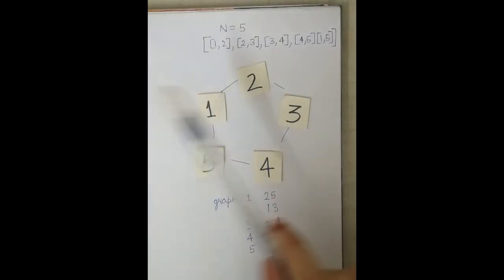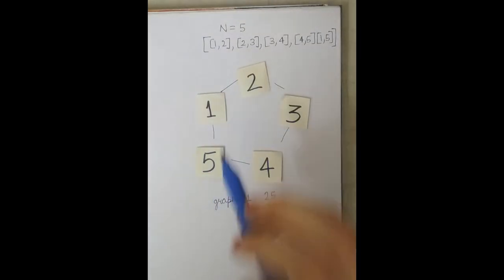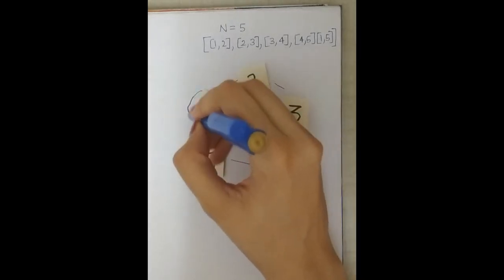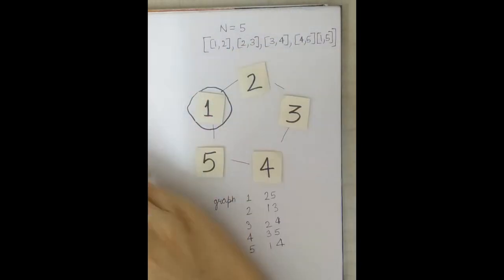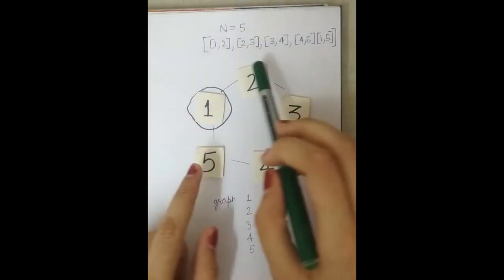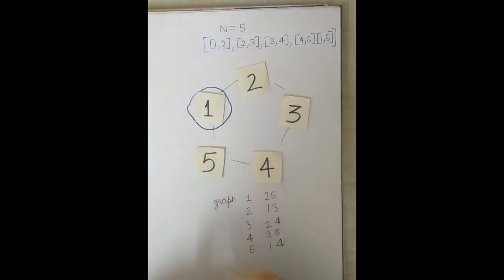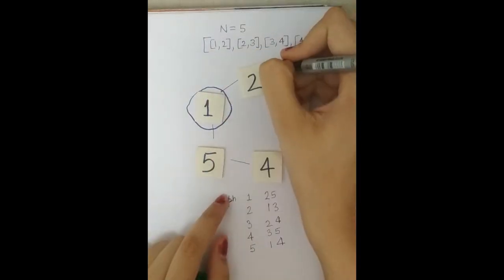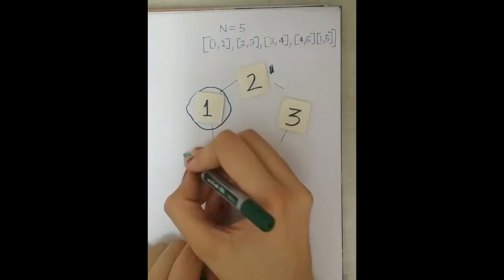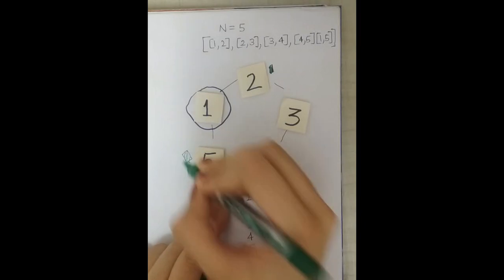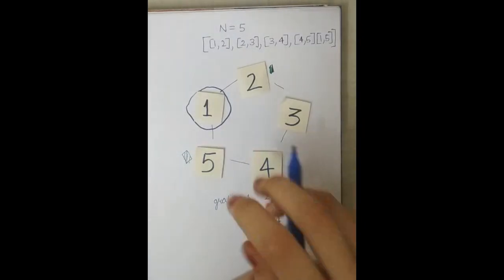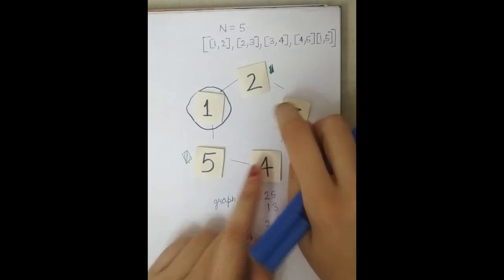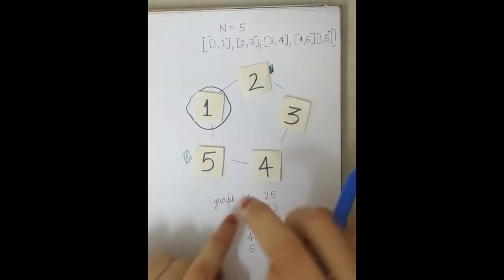So we start off with 1. 1 is initially blue, and then we call it for both of its neighbors. So 2 becomes green and 5 becomes green. Then we call it for 4 and 3, as they both are neighbors of 2 and 5.